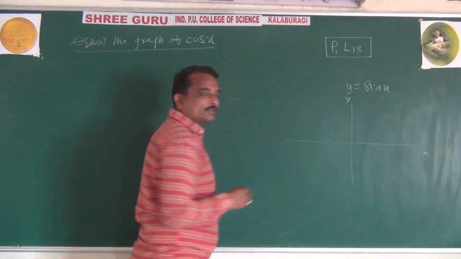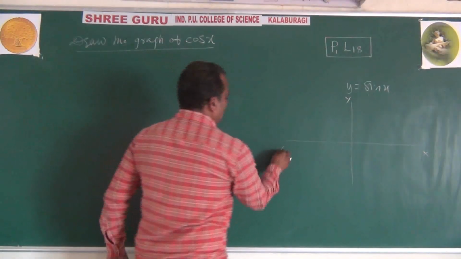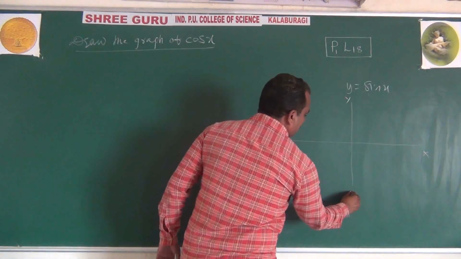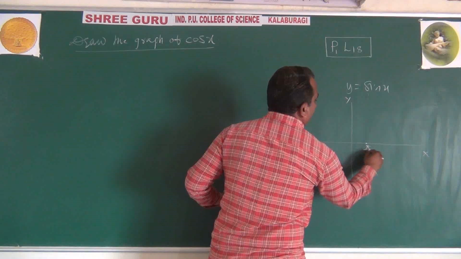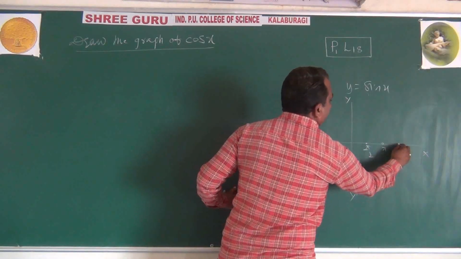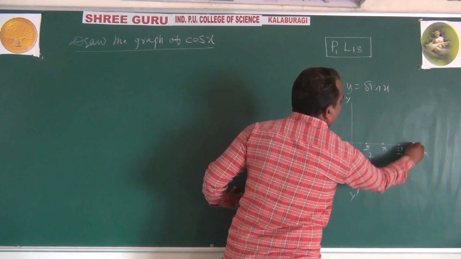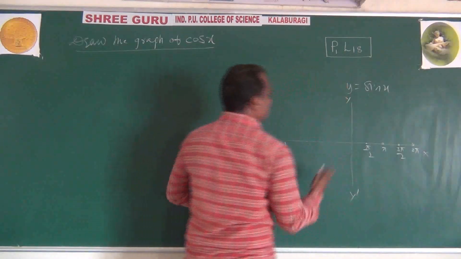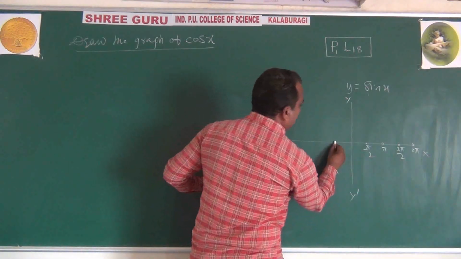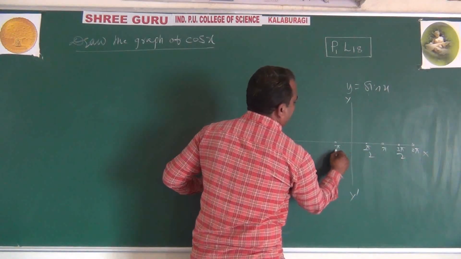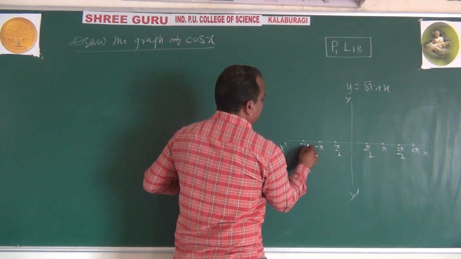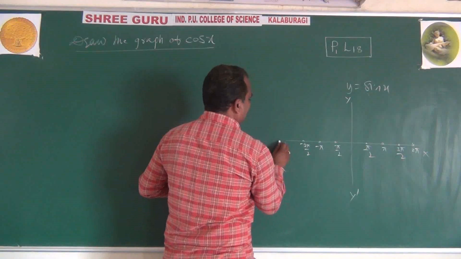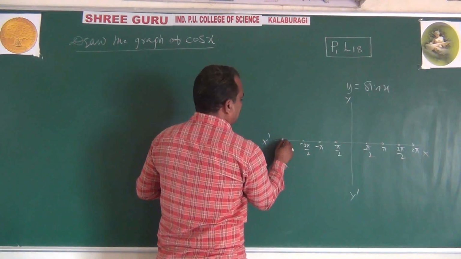It cannot exceed 1 or go below -1. In the interval we have taken pi by 2, pi, 3 pi by 2, 2 pi, and the same negative values, minus pi by 2, minus pi, minus 3 pi by 2 and minus 2 pi, in the Cartesian plane.